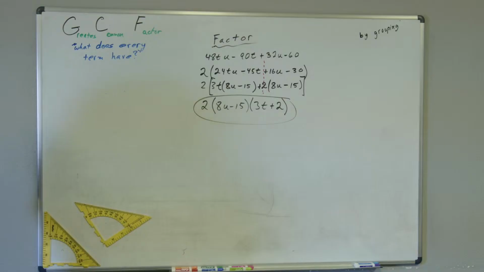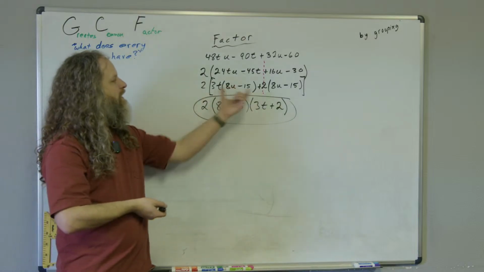There's a way to remember how to do that. Factor. The ones that match go in the front, and then the stuff outside of the ones that match, the 3T and the 2, go in the other parentheses, because you're pulling an 8U minus 15 out of these terms.